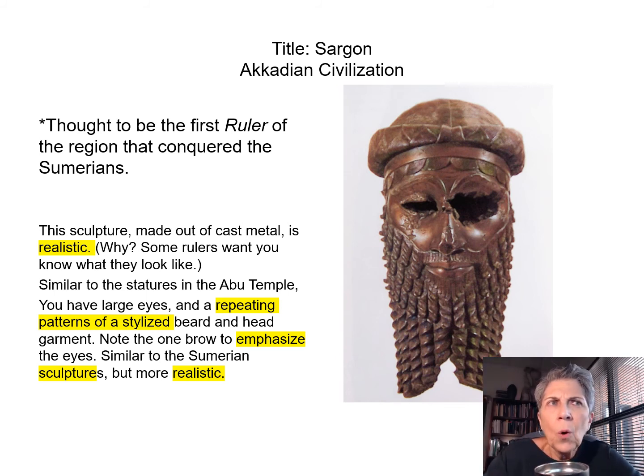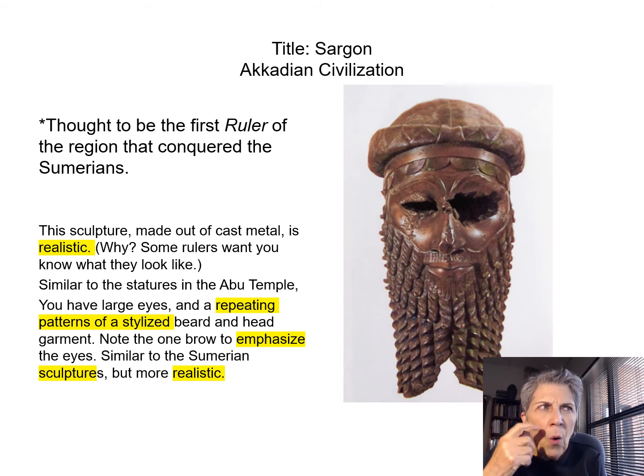So again, here you have pattern, repetition of shape with the beard. You have large eyes, one brow, patterned on the headpiece. But this is so much more realistic, and it is cast bronze. It's in metal. Why would it be realistic?